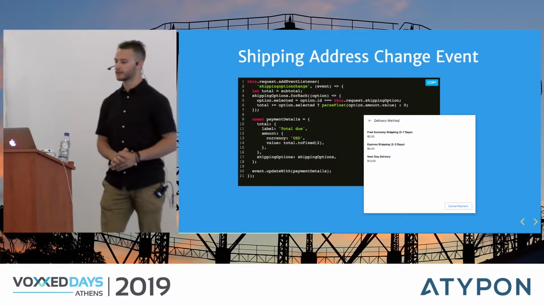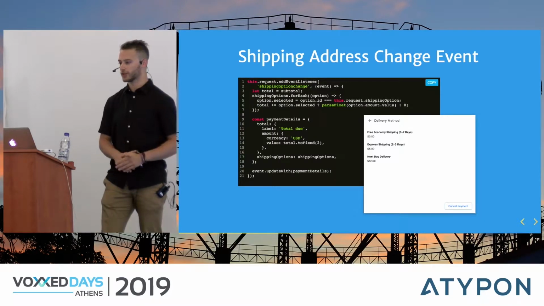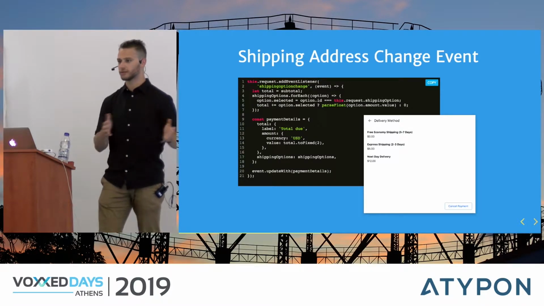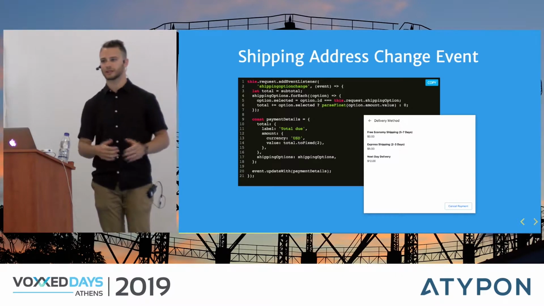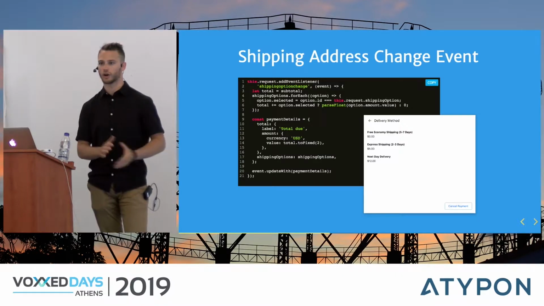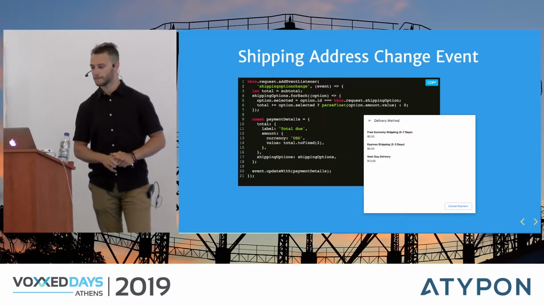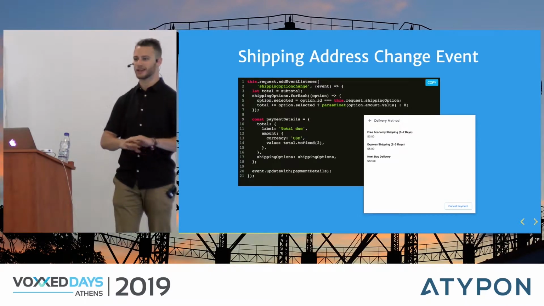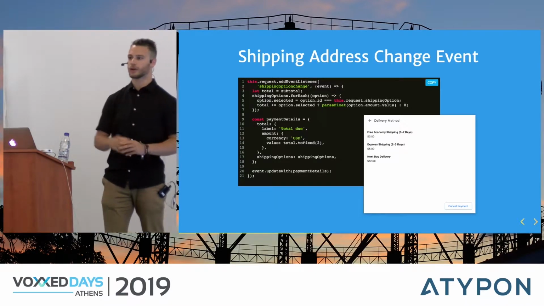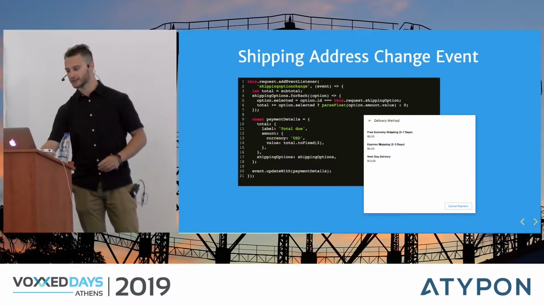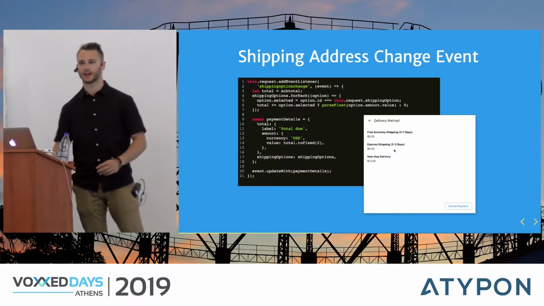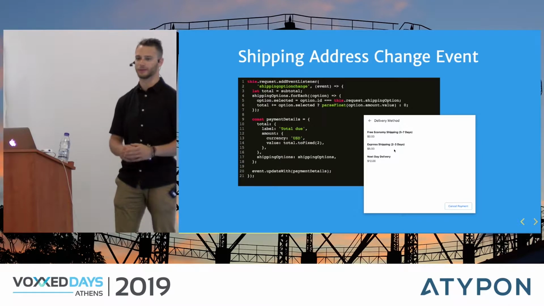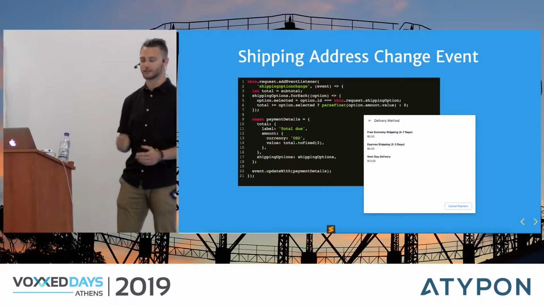The other event that's available is the shipping option change event. This is very similar to the first one. It's an event that's going to let us make changes to our payment details. As I mentioned before, this API does not do any math for you. So if the user selects, you can see here, if they select express shipping, which costs $5, it's your job as a developer to go and add $5 to that total.